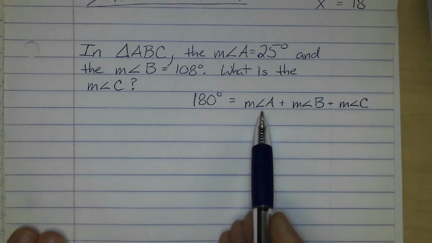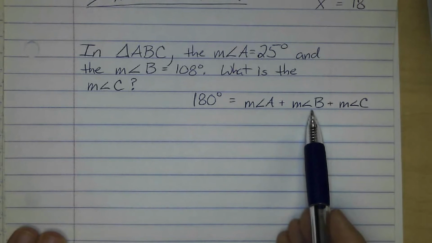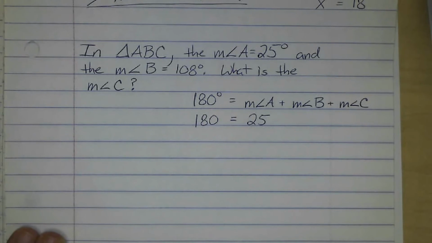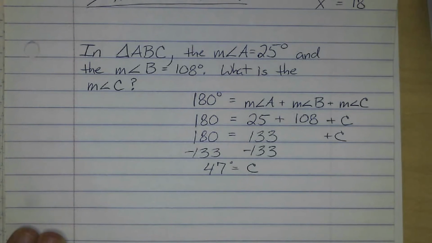So 180 degrees equals the measure of angle A plus the measure of angle B plus the measure of angle C. The problem tells me the measure of angle A is 25 degrees and the measure of angle B is 108 degrees. C is what we need to find. So we solve. First, we simplify 25 plus 108, and we finish this up, and we find that C equals 47 degrees.